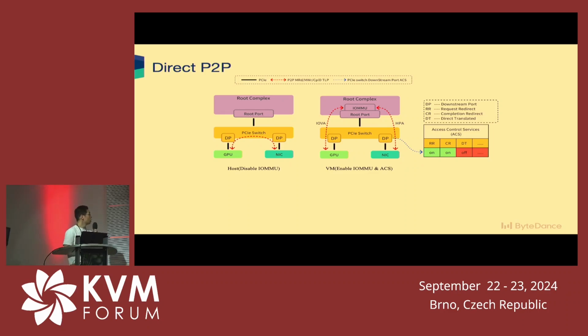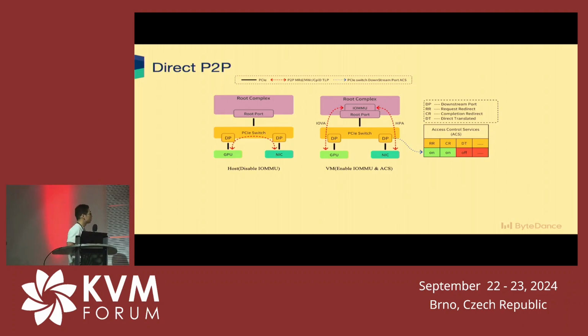So we can see that due to the enablement of IOMMU, the transmission path of the TLP has been changed. In addition, the switch relies on the access control service, ACS, to redirect the read or write TLP and the read completion TLP to the root port. Now I will introduce the main control bits of ACS, such as request redirect and completion redirect.